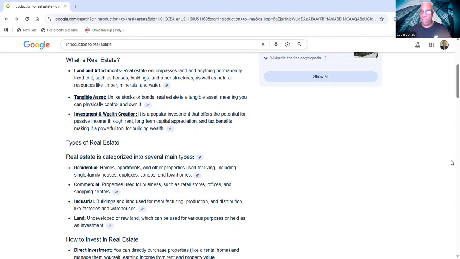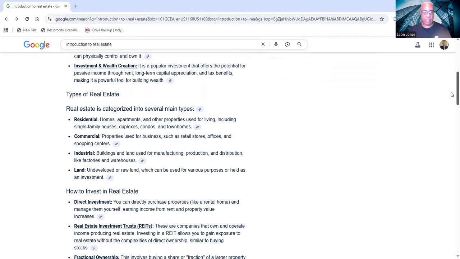Then again, we have types of real estate, and it's in several category types. So we have residential: homes, apartments, and other properties used for living, including single family houses, condos, duplexes, and townhouses. Commercial: properties used for business, such as retail stores, offices, and shopping centers.